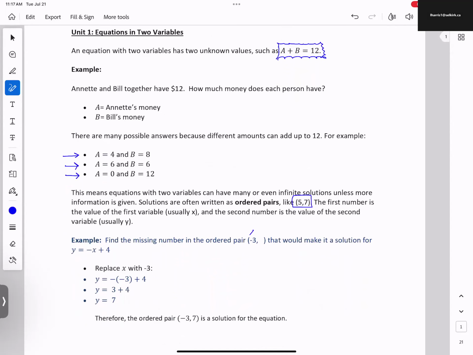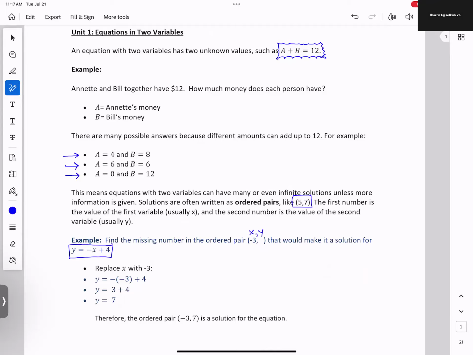So we have our x value here of -3. We want to figure out our y value that would make this an xy pair that makes the equation true. And we want it to be a solution to this linear equation here. So in other words, what does y have to equal if x equals -3?